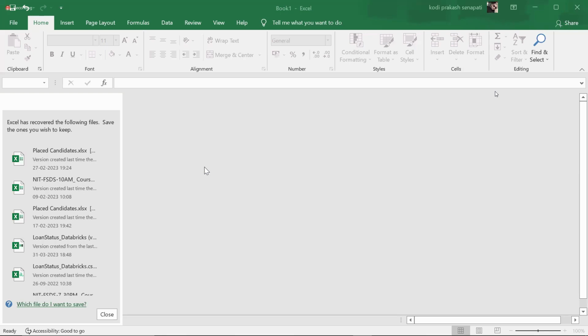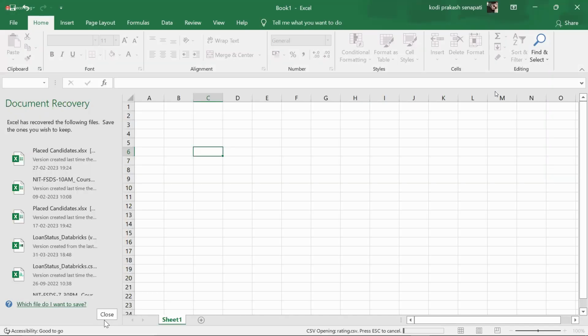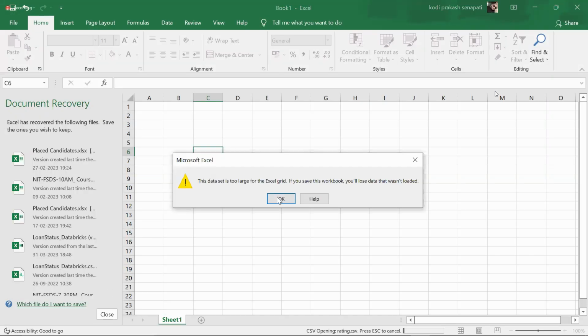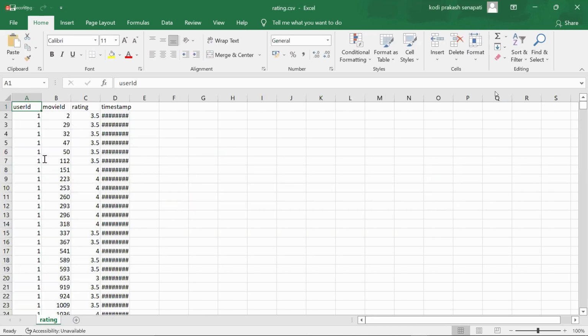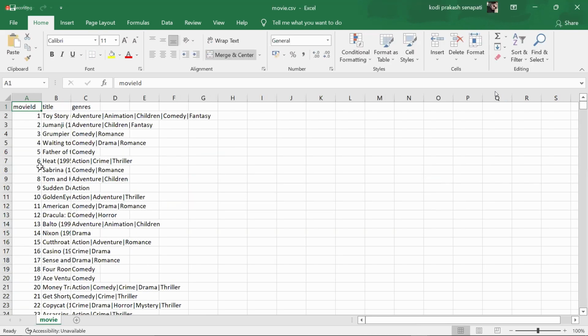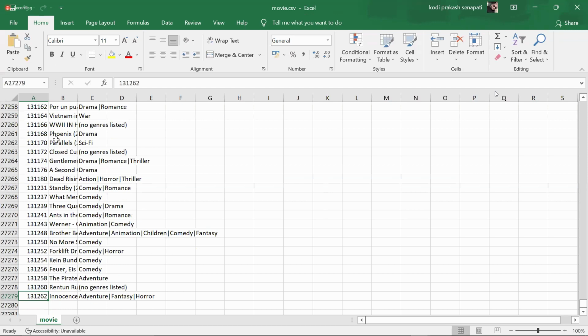Let me open this. Wait. Okay, a rating file. In the movie file, how many movies do we have overall? 27,278 movies, guys.